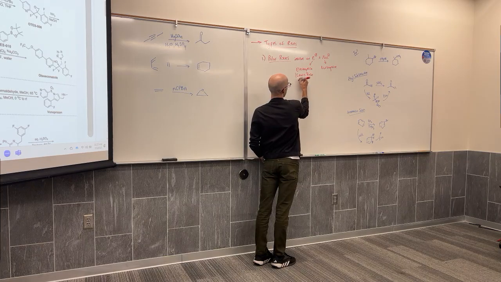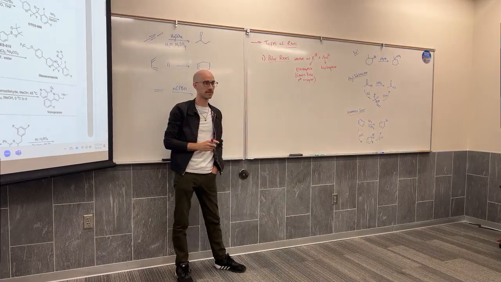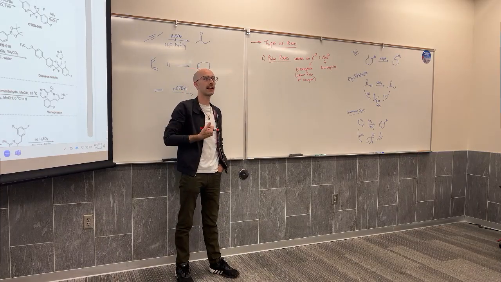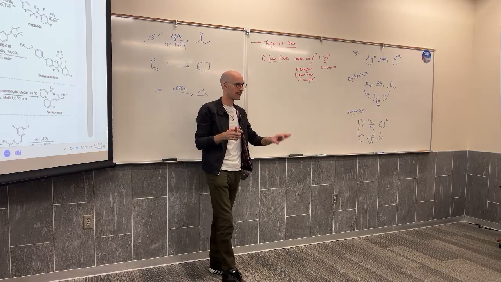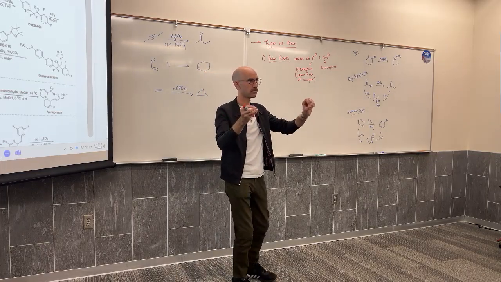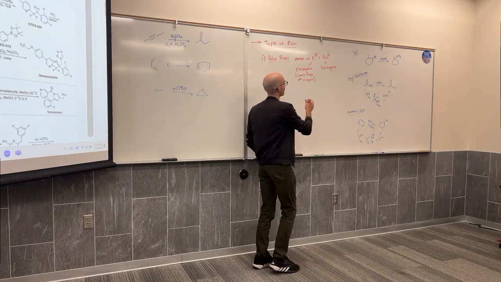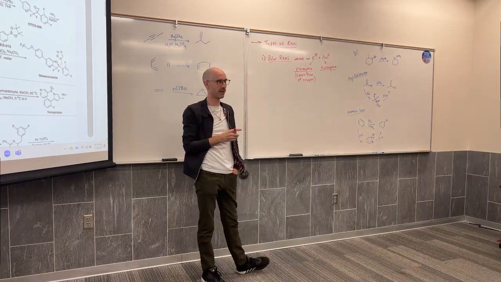Another word for this is electron pair acceptor. Why is it an electron pair acceptor? Because it has a positive charge, or a partial positive charge. It is the positive end of a magnet, drawing in the negative end of a magnet. That's why I abbreviate electrophile with E+.